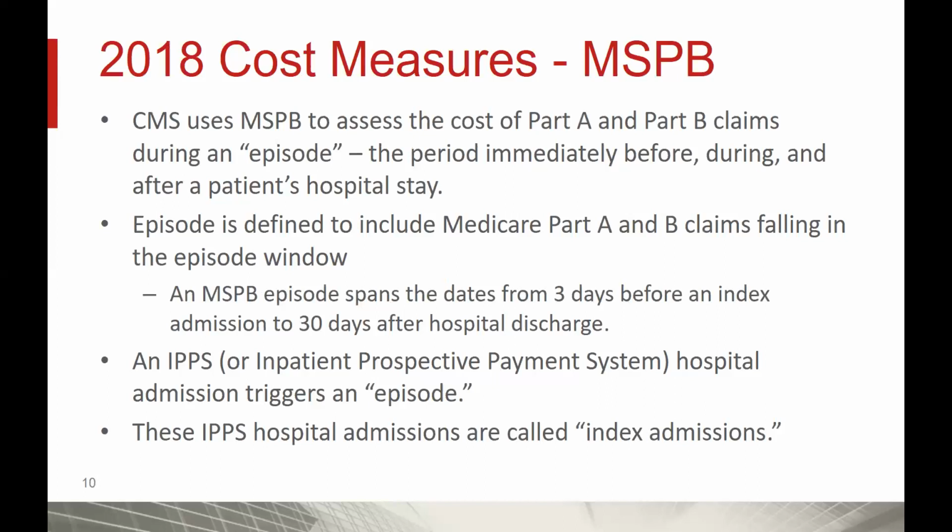An episode is defined by CMS to include Medicare Part A and B claims falling in the episode window. And as I mentioned, an MSPB episode will span the dates 3 days before an index admission to 30 days after a hospital discharge. An IPPS, or Inpatient Prospective Payment System, hospital admission will trigger an episode where cost is going to start being calculated, and these IPPS hospital admissions are known as index admissions.